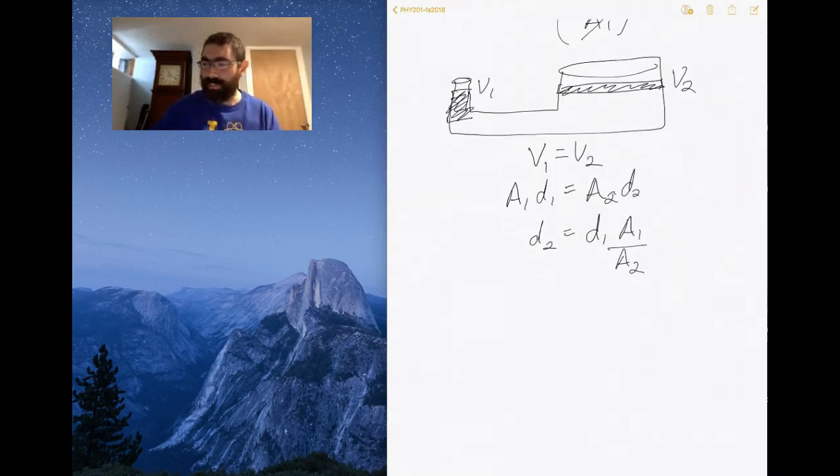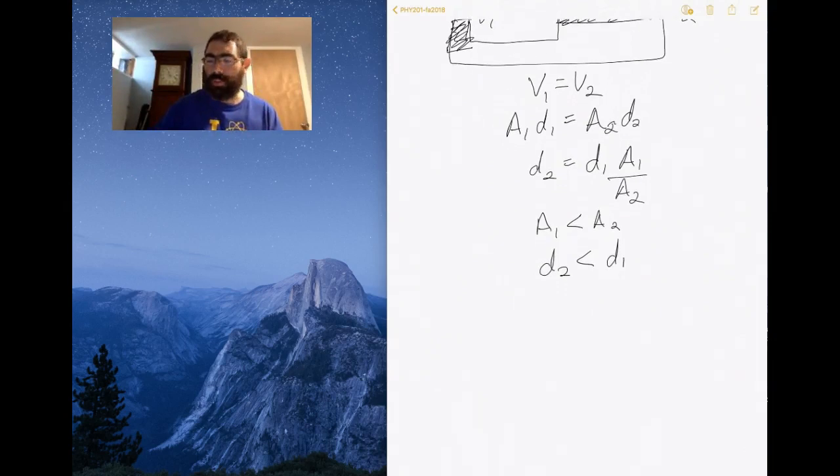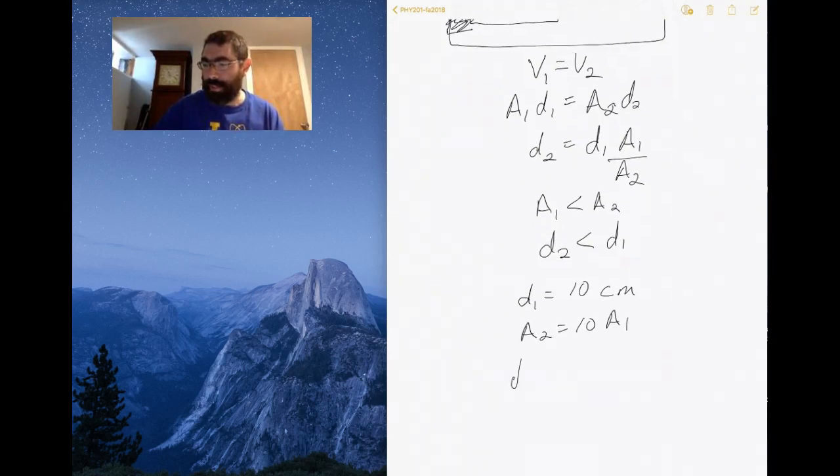And so in this case, since A1 is smaller than A2, that means distance 2 is going to be smaller than distance 1. So if we go back to our case, let's say D1 is 10 centimeters, but area 2 is 10 times area 1, that means the displacement D2 would be 10 centimeters times the 1 over 10 you get from the area ratio, or 1 centimeter.